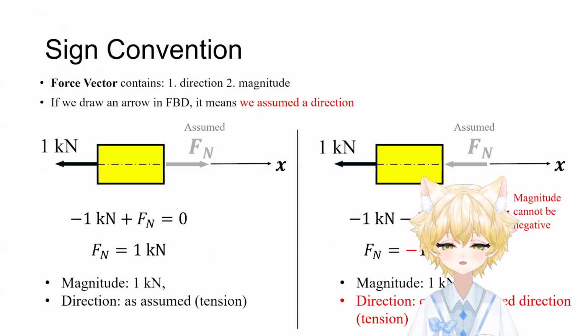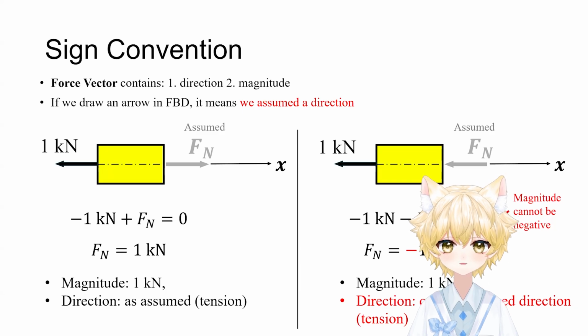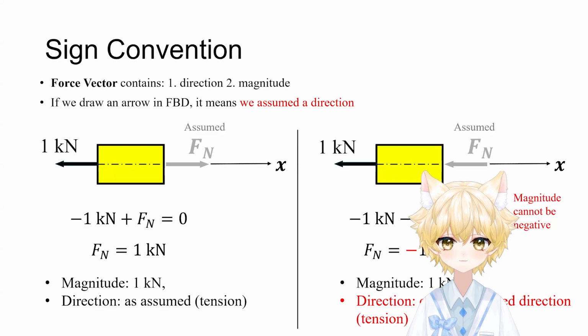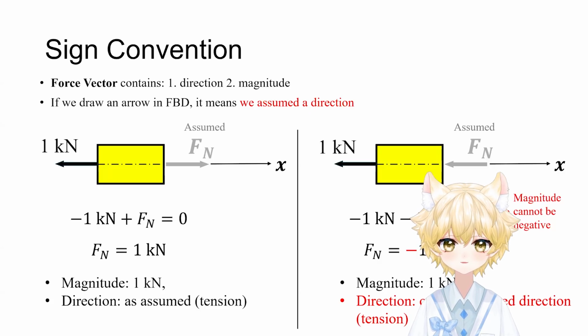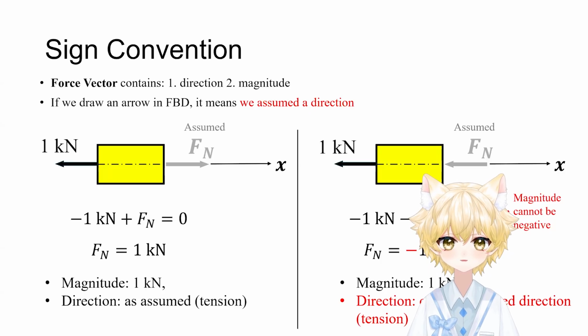Before we wrap up, I want to address a common source of confusion that comes up when we start solving equilibrium problems: sign conventions versus magnitude. I want you to look at the slides on the screen. When you draw a free body diagram, you usually have to draw an arrow for the unknown forces, for example, Fn here.